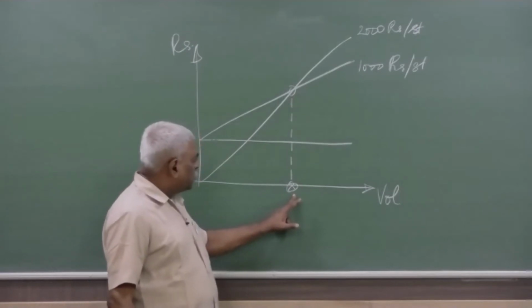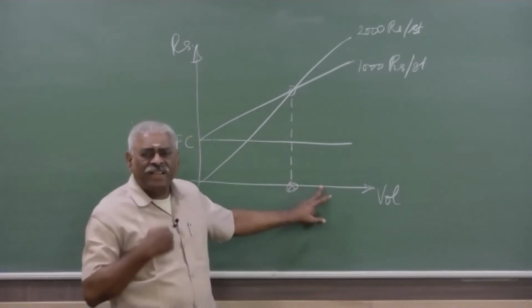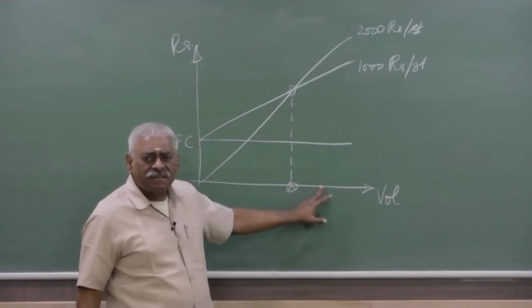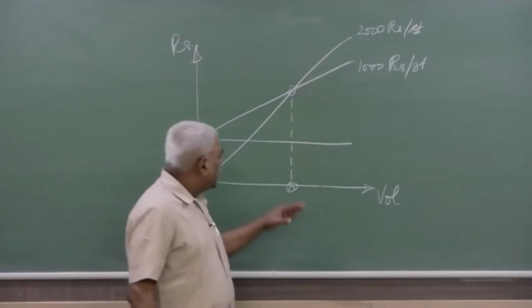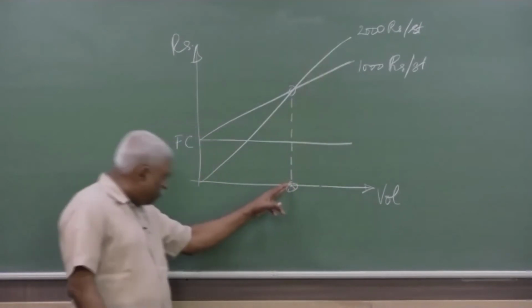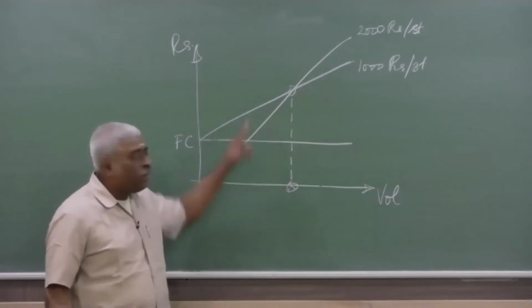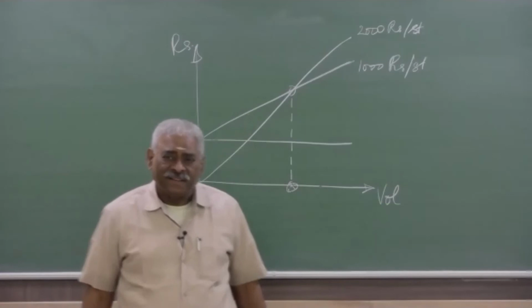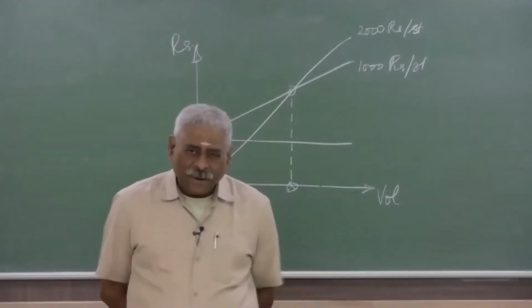If the number of students is greater than this number, which model will I choose as a teacher? The 2,000 one, because it's higher. If the number of students is below this break-even point, do you agree the 1,000 model is better for me? Yes, sir. So do you have a rough idea of break-even point?